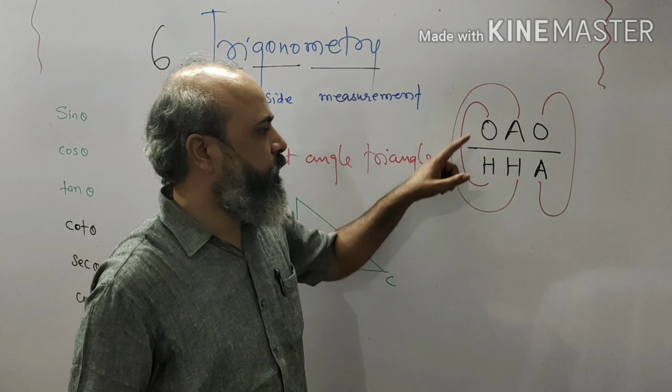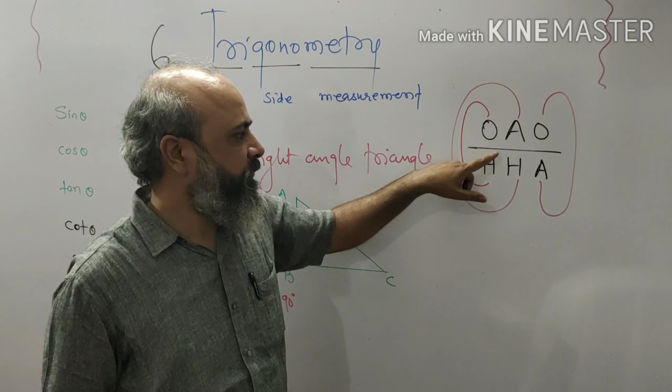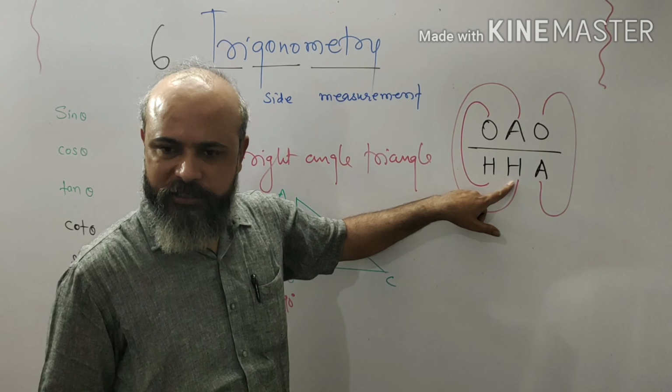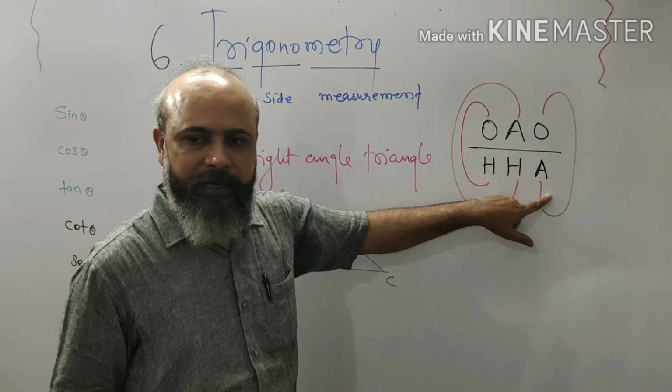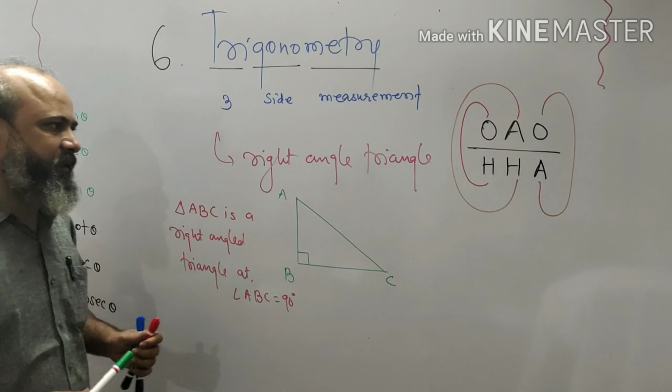O hero means O by H, which gives us sine theta. A hero means A by H, which gives us cos theta. OA, O upon A, gives us tan theta.